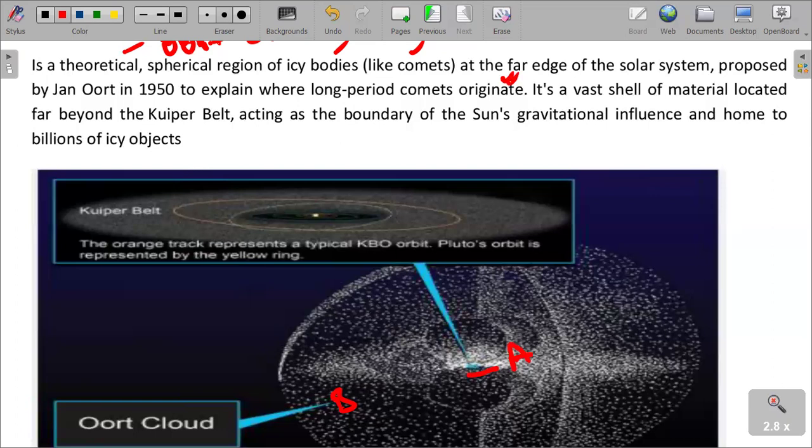Ice objects are found there because these objects are far from the sun, so they can develop from there.